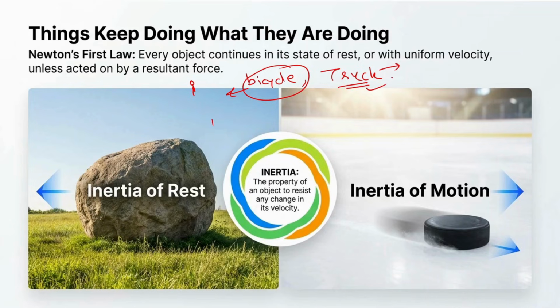You need some extra force. So the truck has a larger mass, and the bicycle has a lower one. To summarize: the truck has greater inertia because it has greater mass.